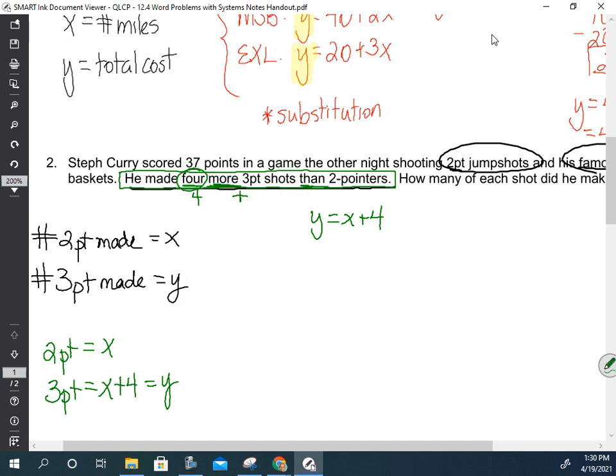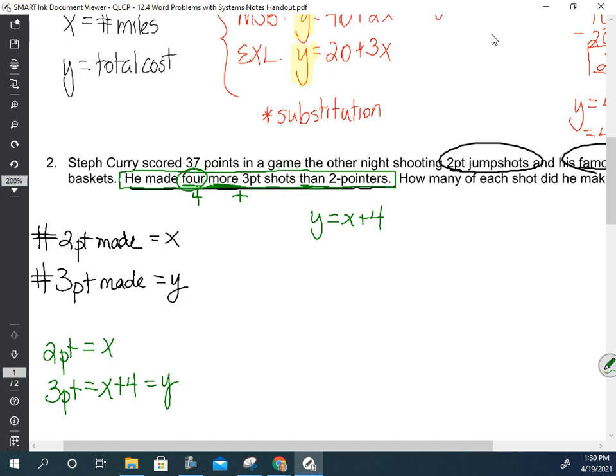Any questions on where the first equation came from? Well, let's see what happens.